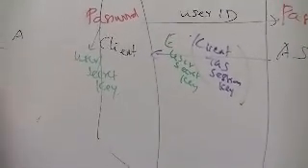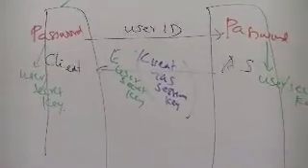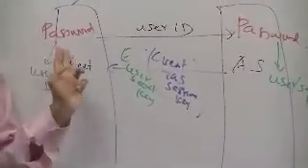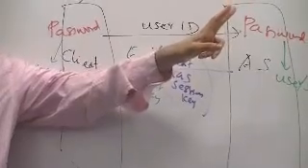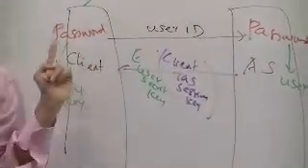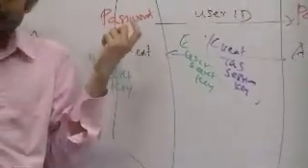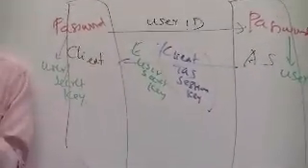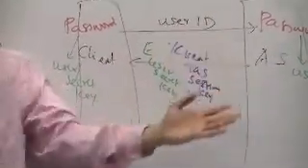Do you get what I'm telling? User A, the client, sends its user ID to the authentication server as a first step. Both sides should know the password for the user ID. As a user, I should have a password to log into this network.